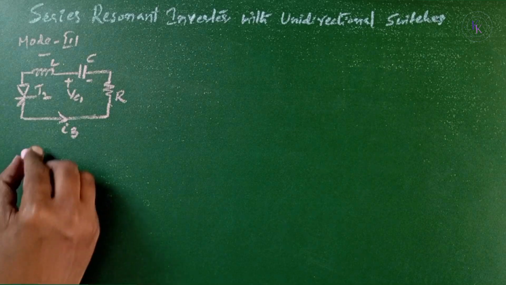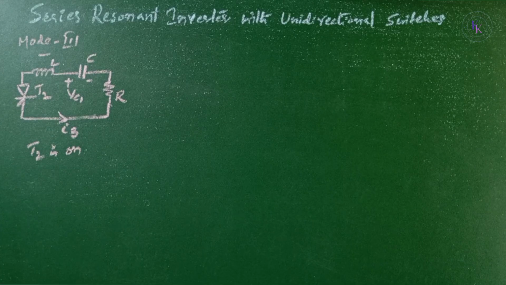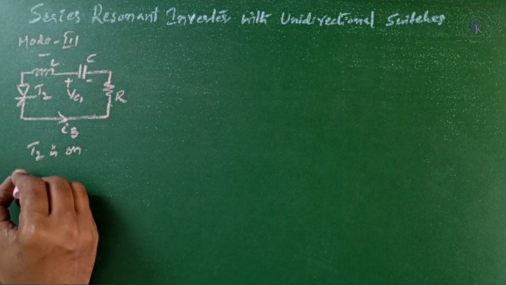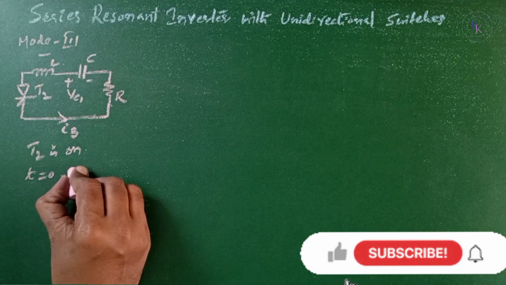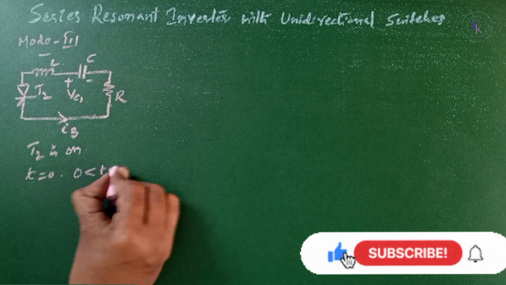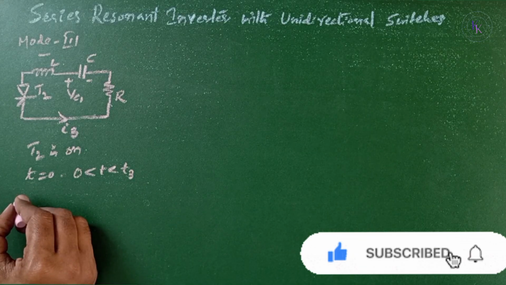This mode starts when T2 is fired, or on, and the reverse resonant current flows through the load. Redefine the origin so that t equals 0 at this point. Then this mode stays between 0 and T3. Now we need to find the load current for this.